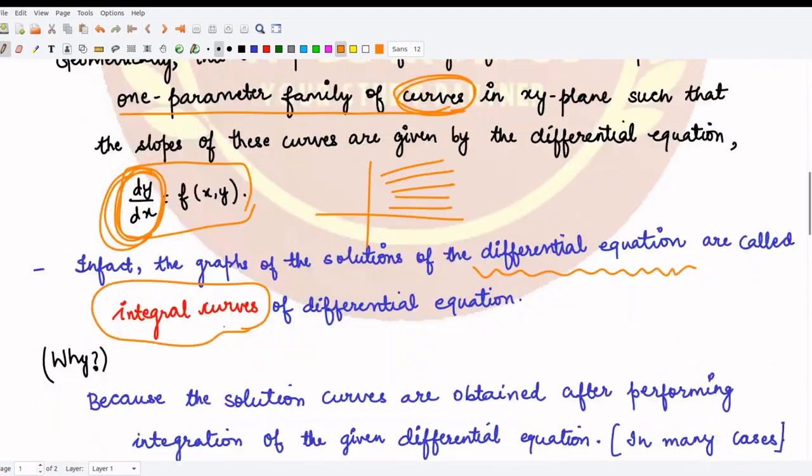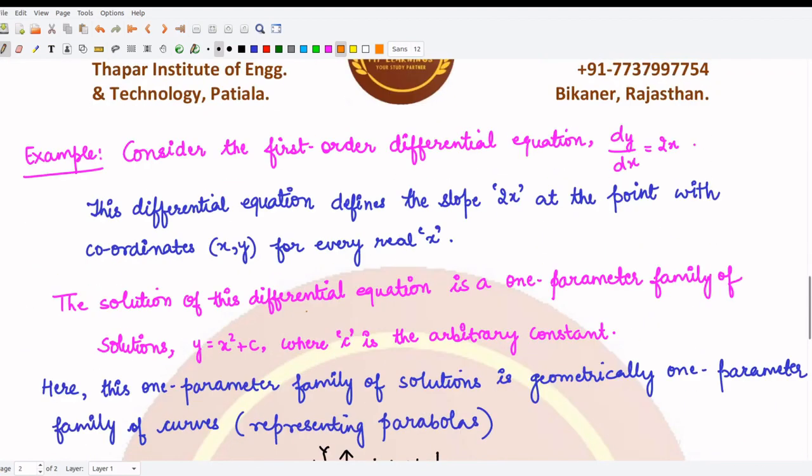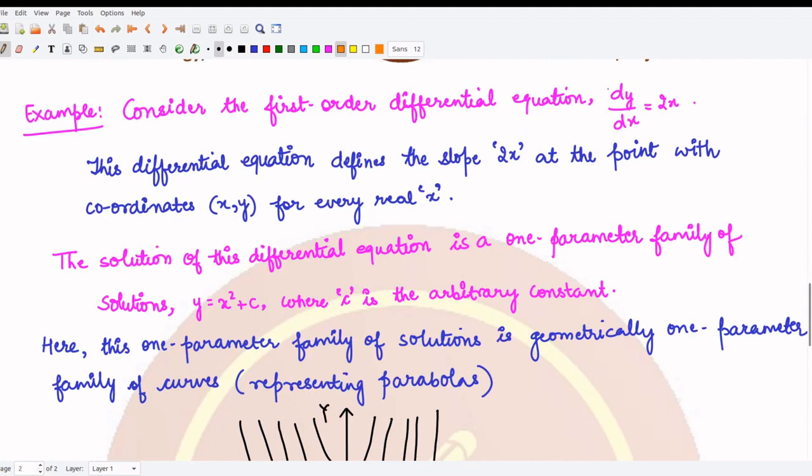So let's see this concept through an example where we want to represent a differential equation and its solutions. Here we consider the first order differential equation dy by dx is equal to 2x, right? This differential equation defines the slope 2x at the point with coordinates x comma y for every real value of x. For this particular case, the solution of this differential equation is a one parameter family of solutions.